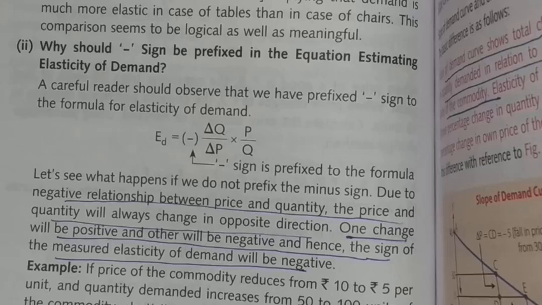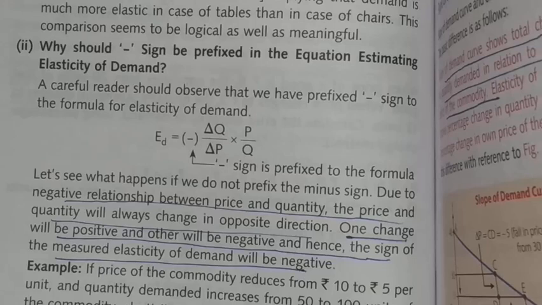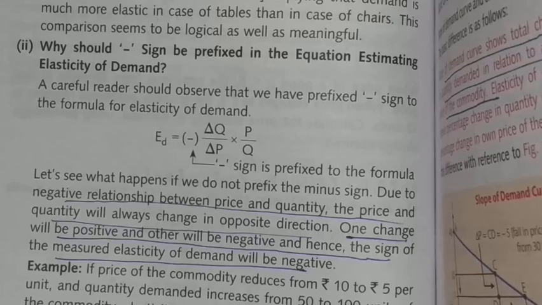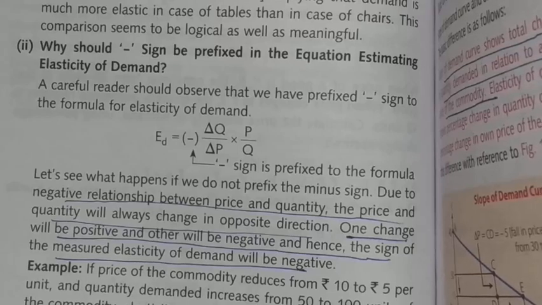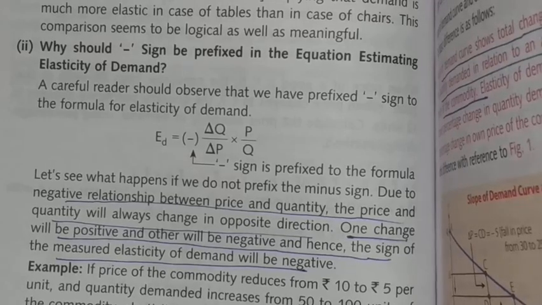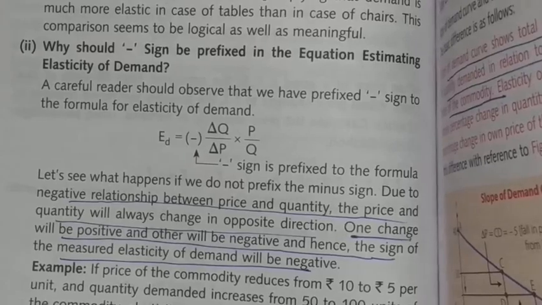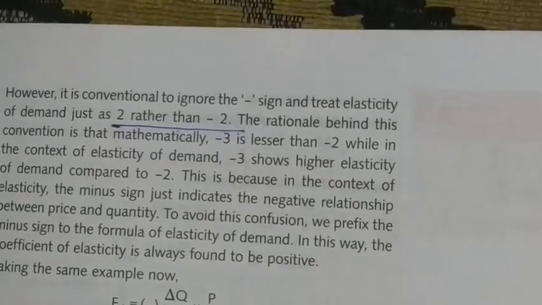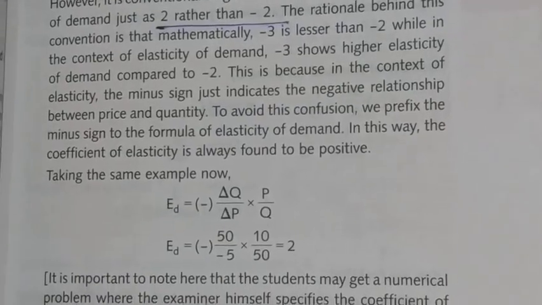So one can be positive if the other one is negative, and if the other one is positive, then the first one will be negative. So to show their negative relation with each other, this formula is written with the negative sign.